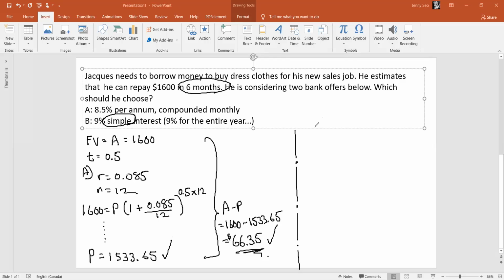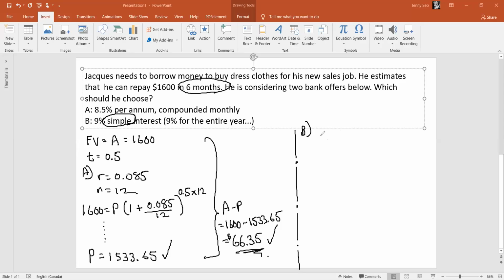No? Okay. Part B is going to be simple interest. What is that? It is not going to follow this geometric sequence. It is an arithmetic sequence. By that I mean, principal is how much I borrow, and over 1 year, if it was 1 year, let me take that back.